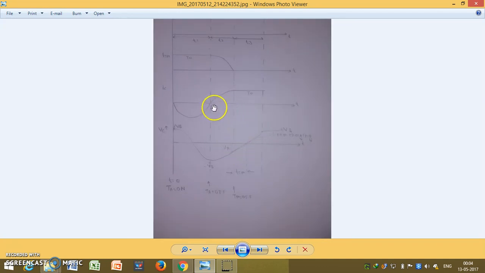Due to this, the current is going to 0. When I0 equals IP, that ITM is 0. So IP should always be greater than I0. IP is the peak current flowing through the auxiliary thyristor.